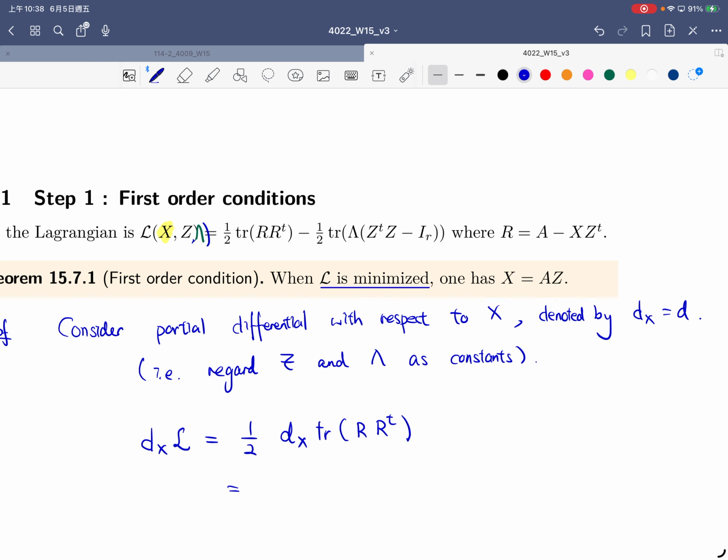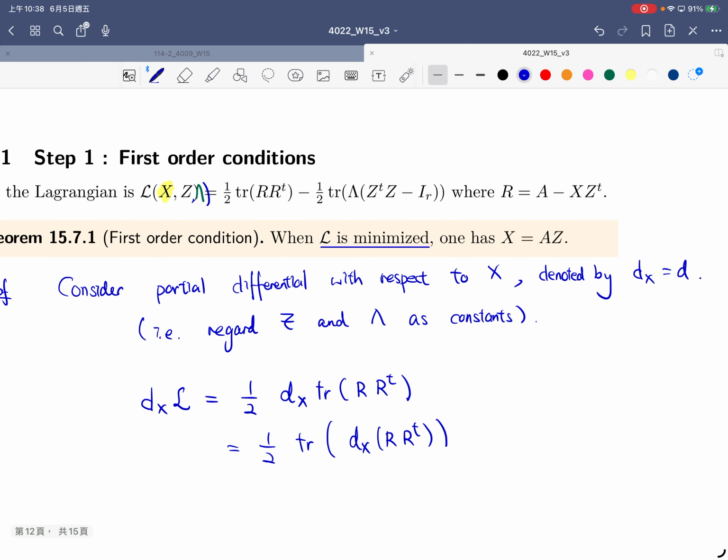And then you continue, using a technique that we developed last time. Firstly, differential always commutes with trace. So this is really half the trace of the differential with respect to x of R transpose R. This looks like something we've done before, so we leave that to you.